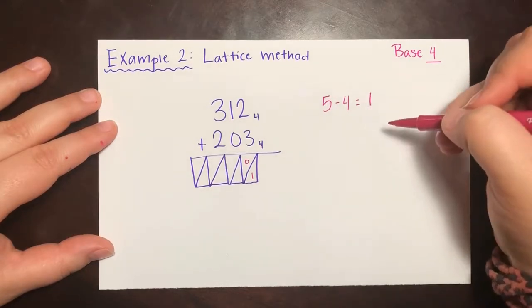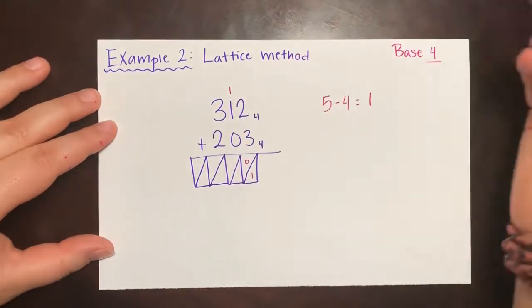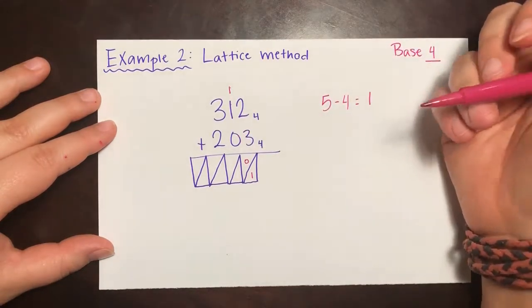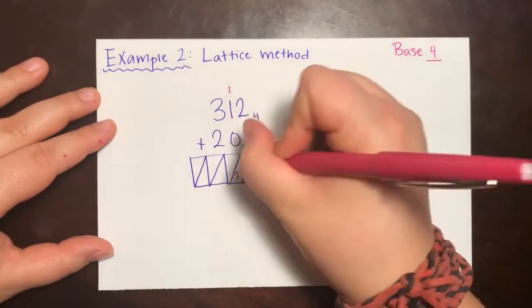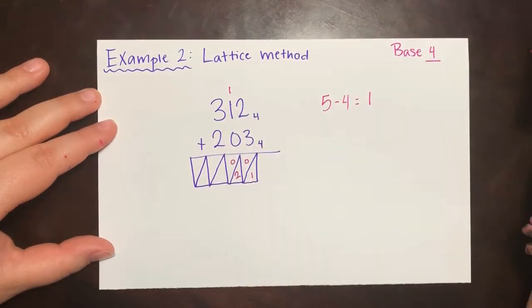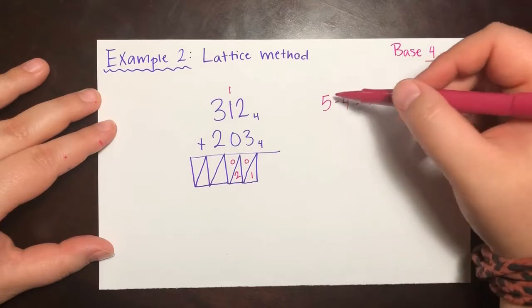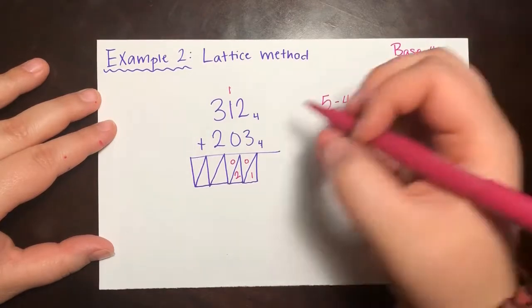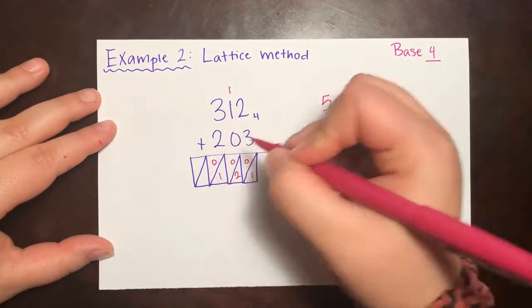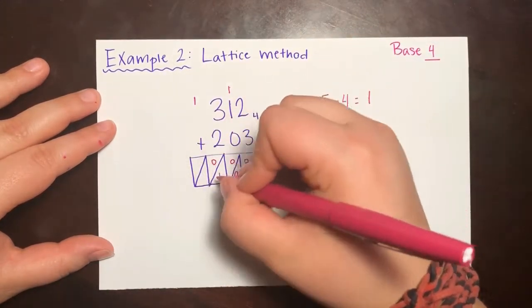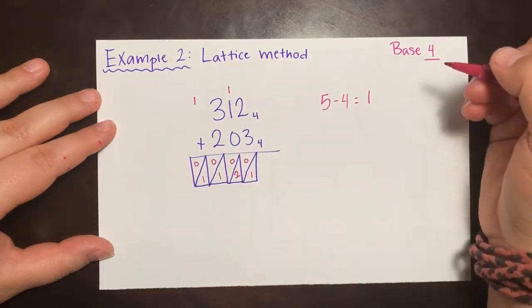But then we also have to carry a 1 over, right? So then we have 1 plus 0 is just 1, and that's under 4, so we don't have to change it. And then we have another 3 plus 2, which we already know 5 minus 4 is 1. So we'll put a 1 there. And then we can't forget to carry the 1. There's nothing over here, so it stays at 1.